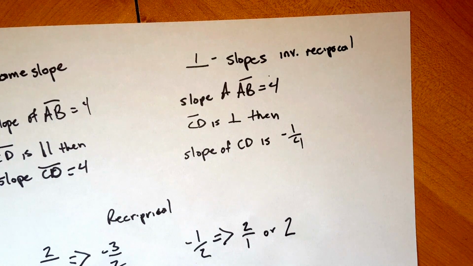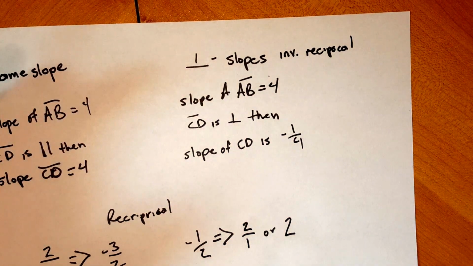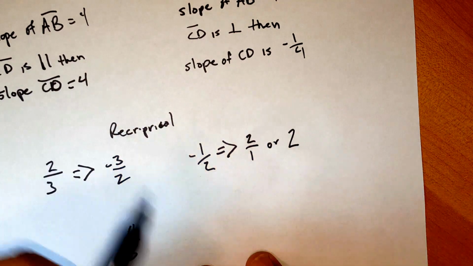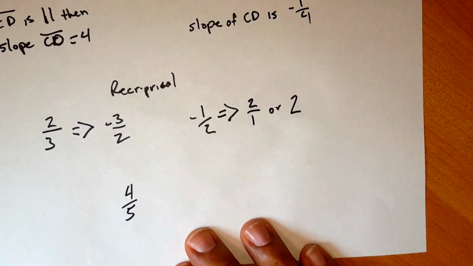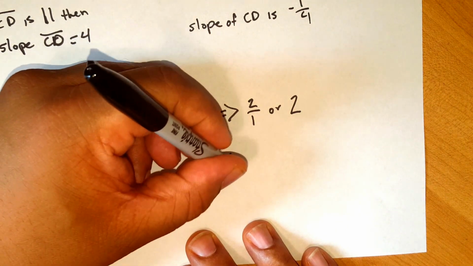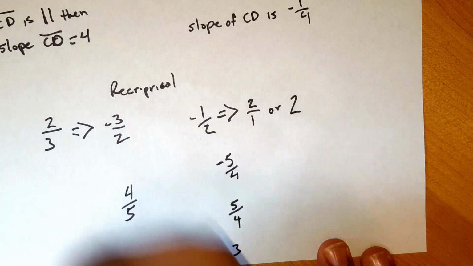One big thing to look out for is on the exam, what they like to do is ask you the slope of the reciprocal line. They'll say something like, hey, my slope is 4/5, and then give you the answers -5/4, 5/4, and then something off like 3.